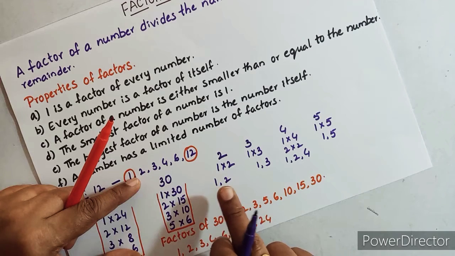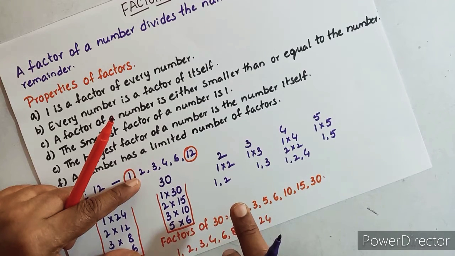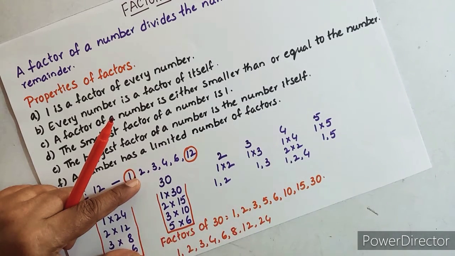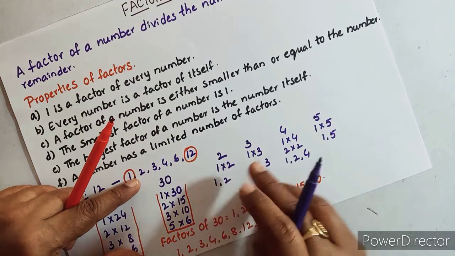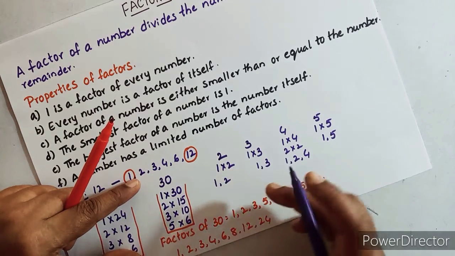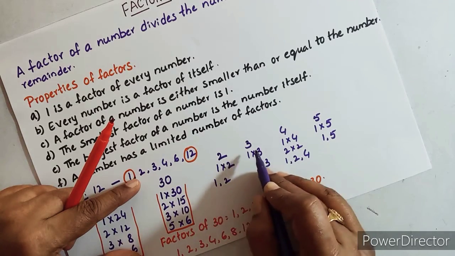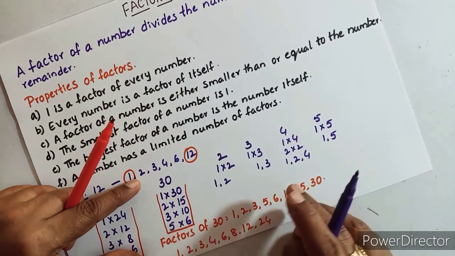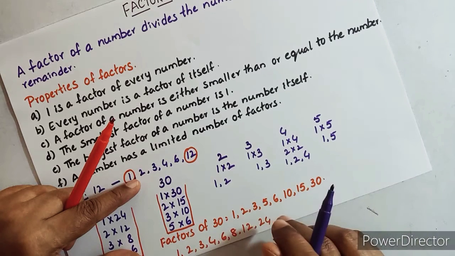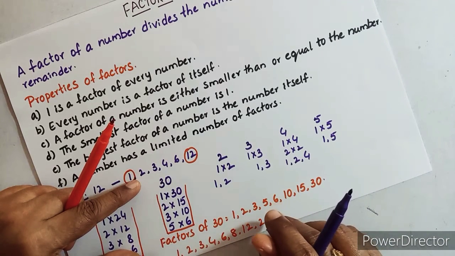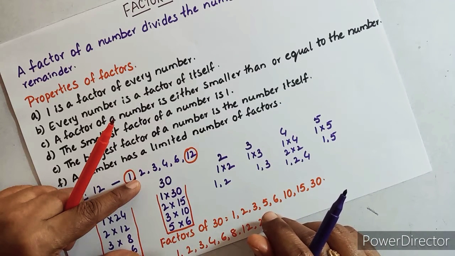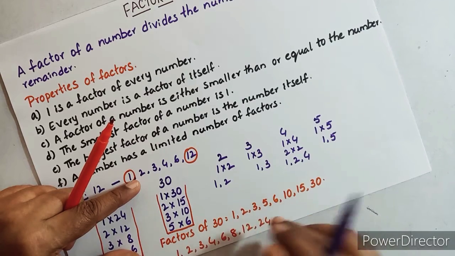So here you can see we have many prime numbers below 100, around 26 prime numbers. And below 10, I'll tell you the prime numbers: 2, 3, 5, 7. These are the prime numbers below 10. So like that, I hope you can find the remaining prime numbers below 100.